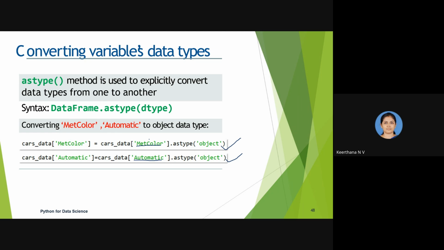Already this is a red color, it also I'm going to convert to the object data type. So data frame in brackets, you give the column name, dot astype is the syntax, and inside you have to give object as the data type.